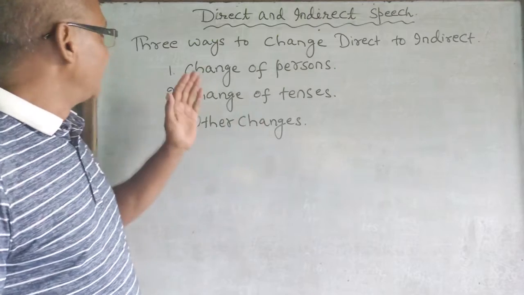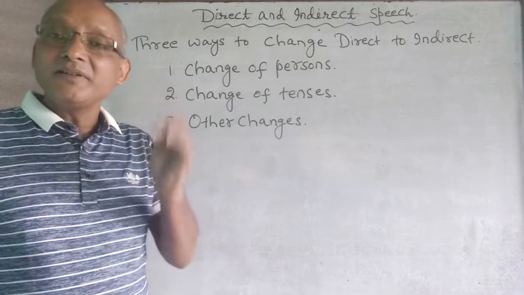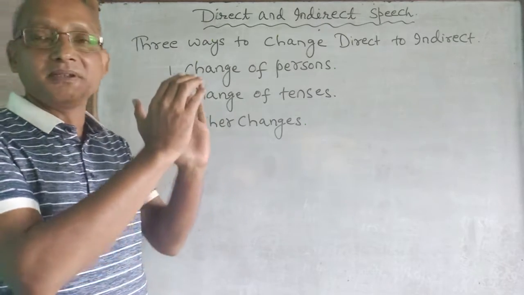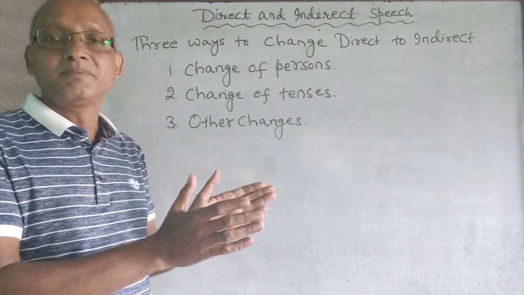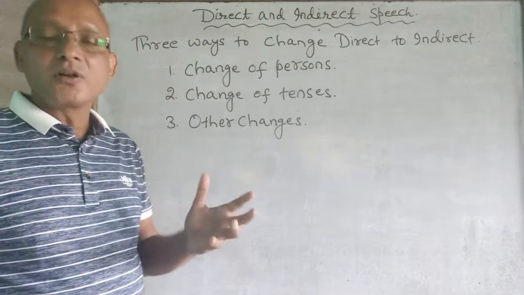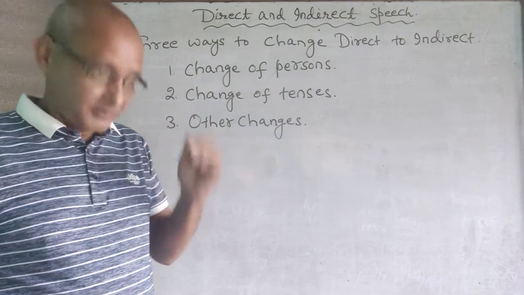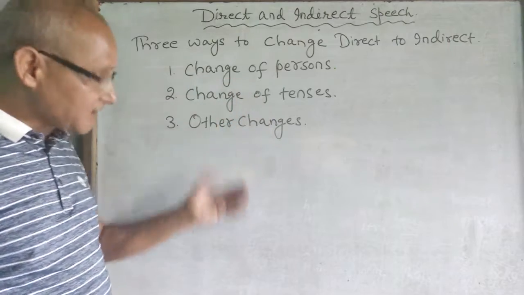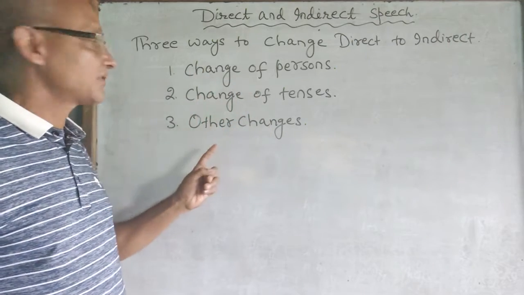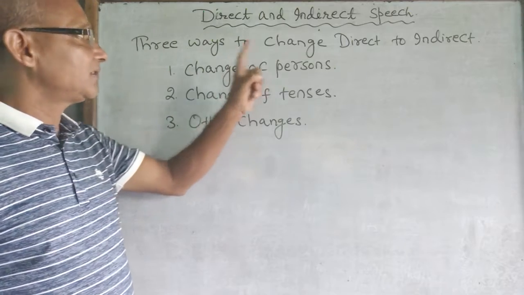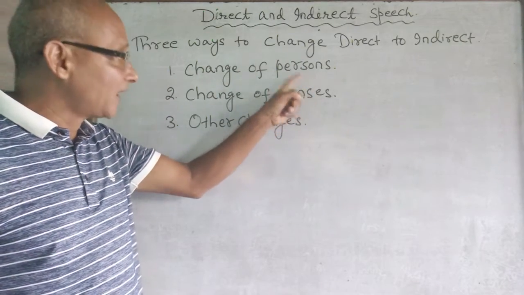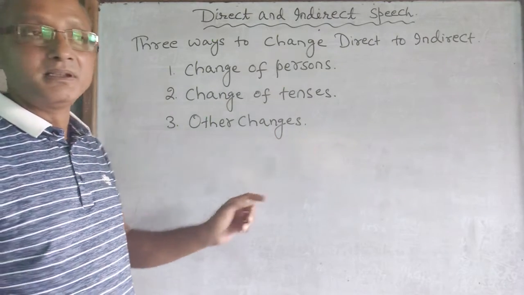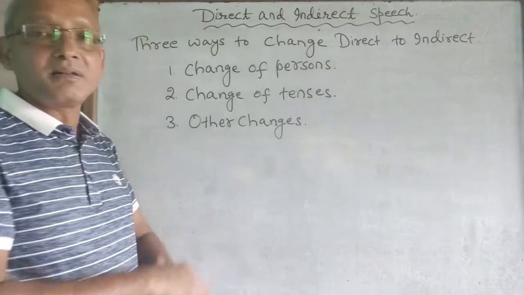There is always a question in the mind: how to change a direct speech to its indirect form? Basically, let's talk about three ways. There could be one or two more, which I'll tell you in later videos. In this video, let's talk about three major ways. Number one, change of persons. That's why in my earlier slide I was talking to you about the pronouns.